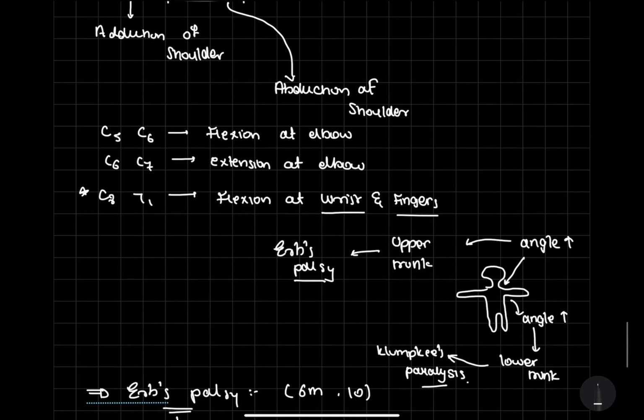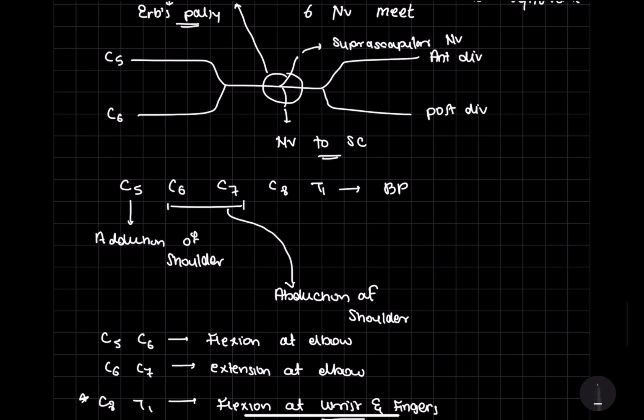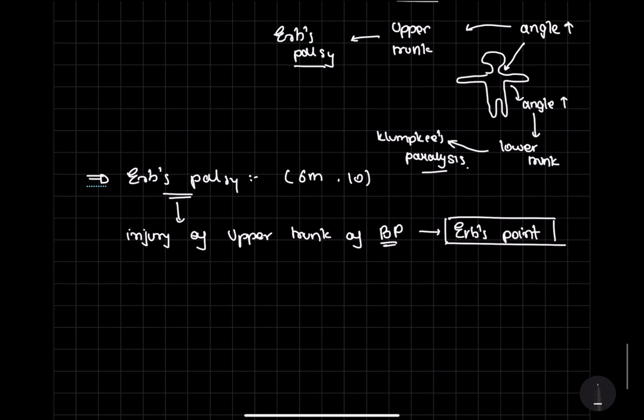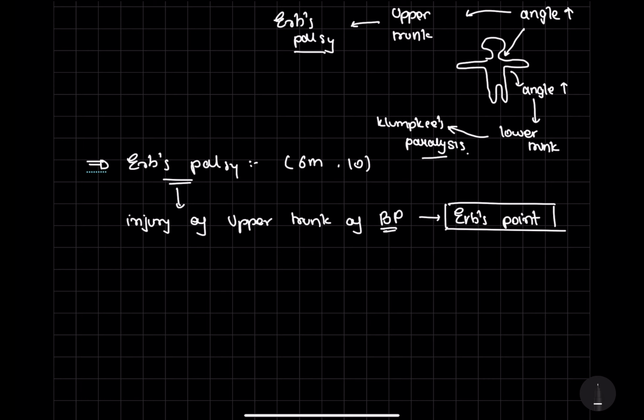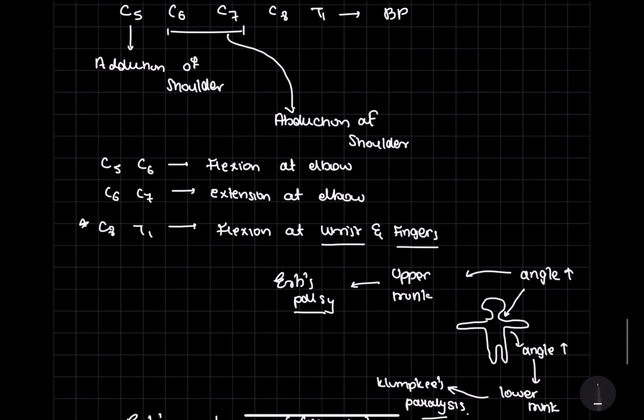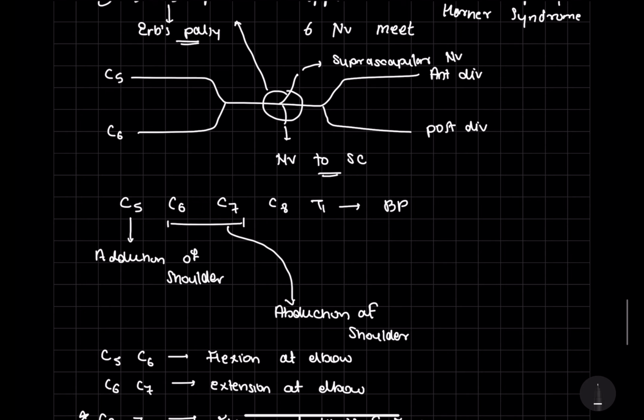We just studied here what Erb's point is. Yes, this is your Erb's point. Now seeing what are the nerves that are lost here, we can see that C5 is gone and C6 is gone.